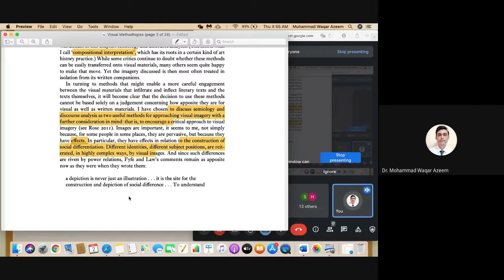So Gillian calls it, if you look at this phrase again, the construction of social differentiation. So a certain social differentiation is being propagated, right? It is being advanced through an image of this kind that I just talked to you about, where over and over again you see the pictures of social gatherings, right?